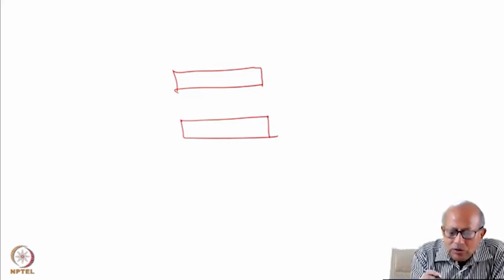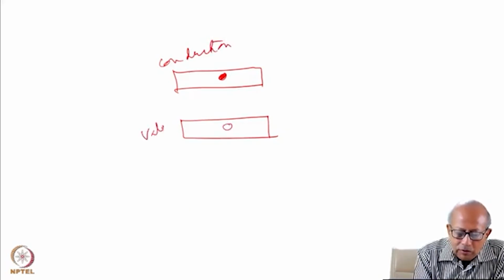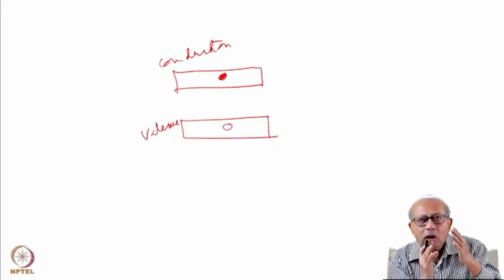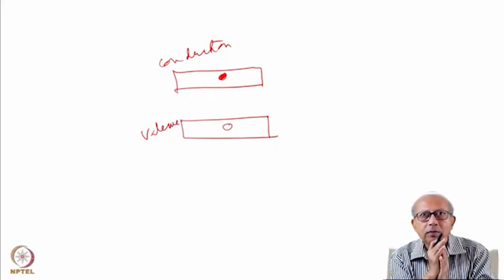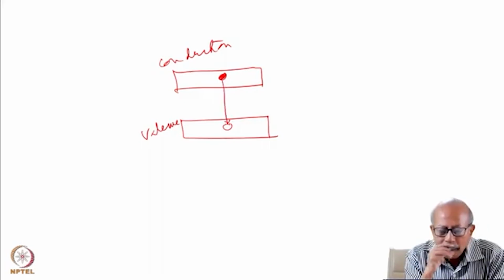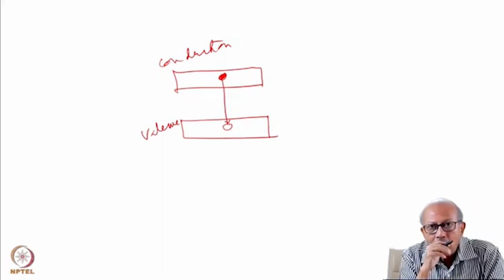So suppose we just consider you have put an electron here that is in the conduction band and one hole in the valence band. Now they have appeared in the depleted region. So the electron will drop down into the valence band, combine with this hole and will disappear.